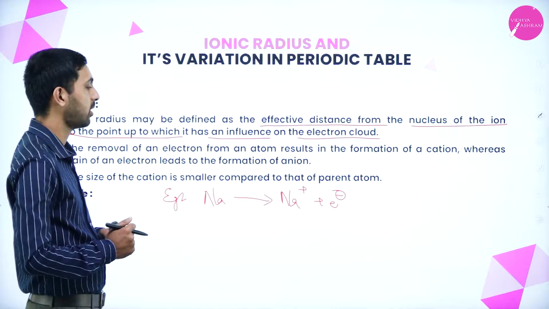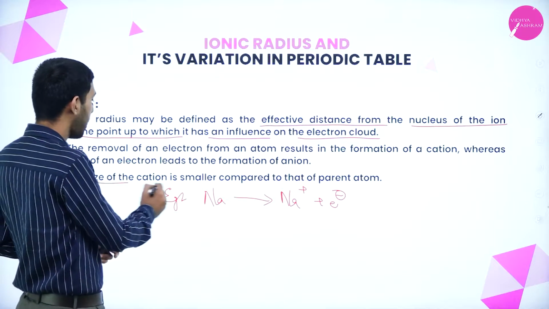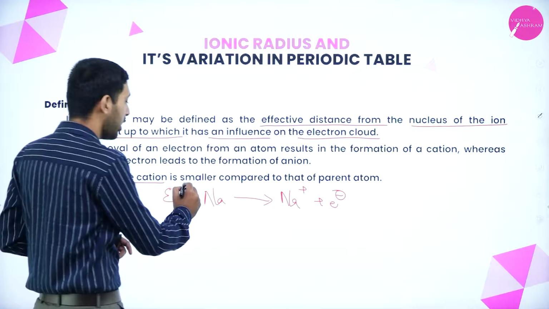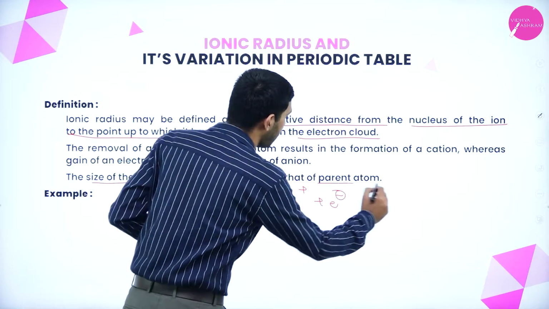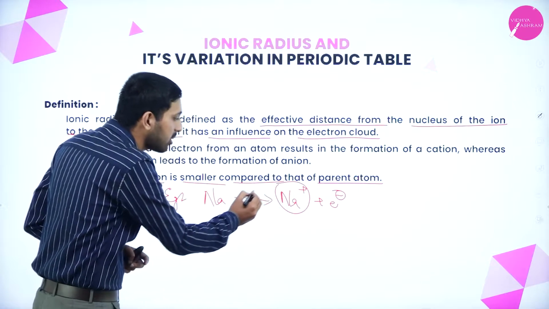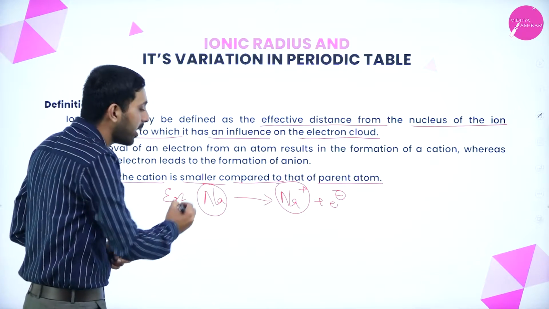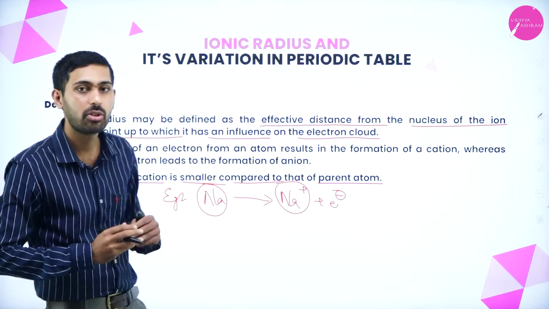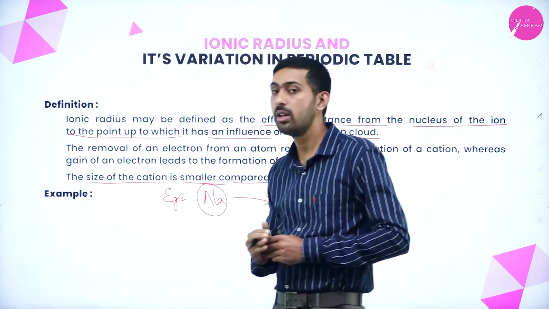Next, the size of the cation is always smaller when compared to that of the parent atom. We should know that the size of the cation is very small when compared to the parent atom. Here we should know how it varies along the periodic table.